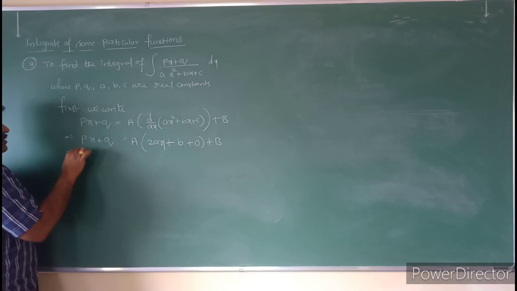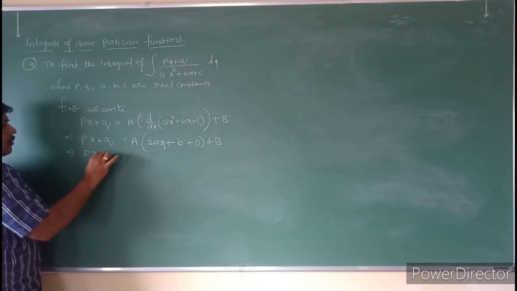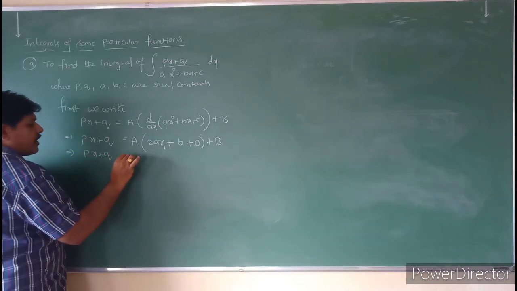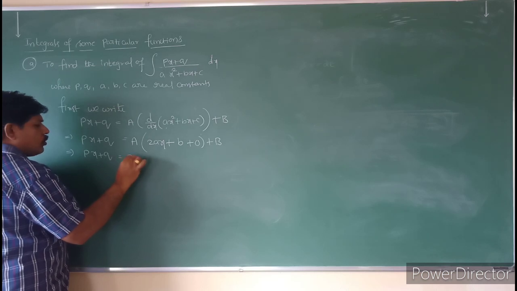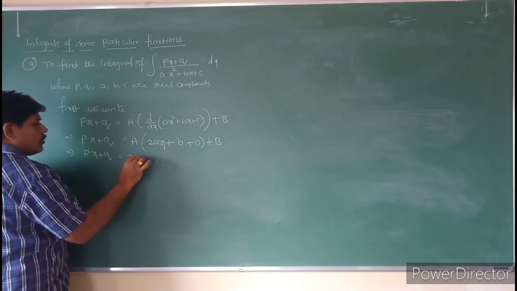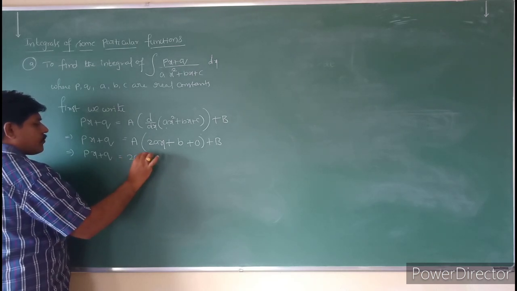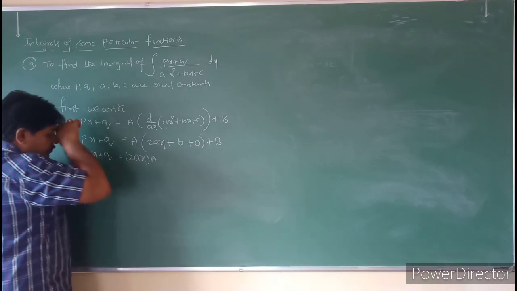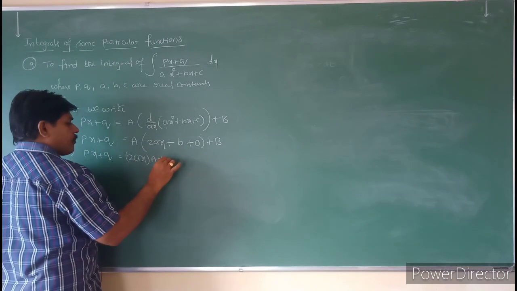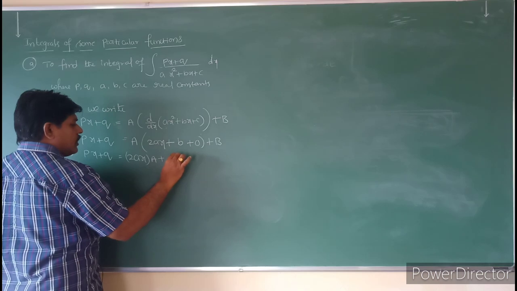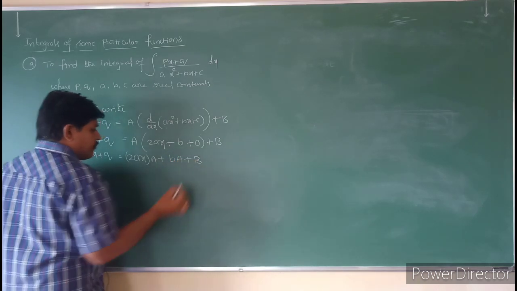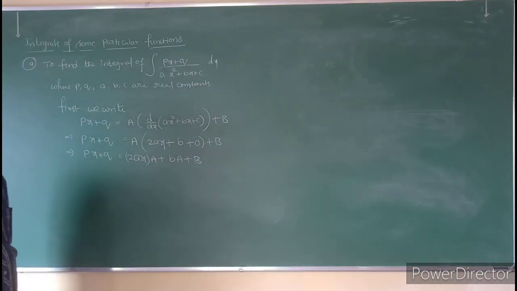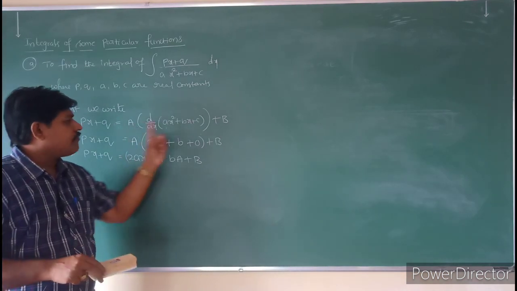So that implies px plus q is equal to 2 into ax into a plus b a plus b. Here we have to calculate the values of a and b.